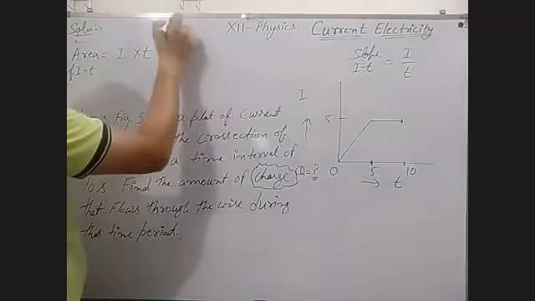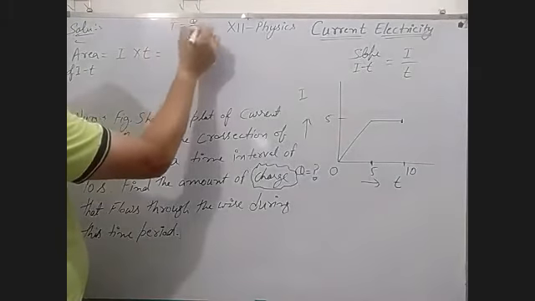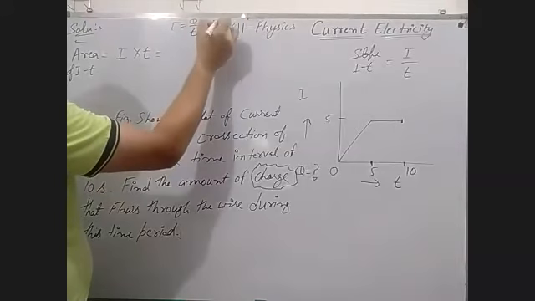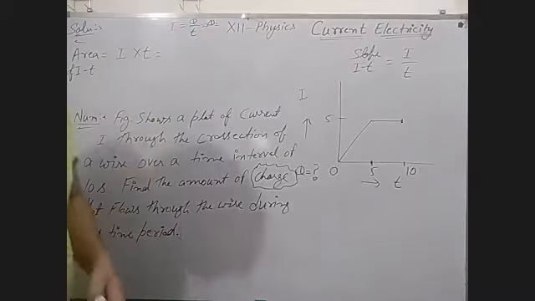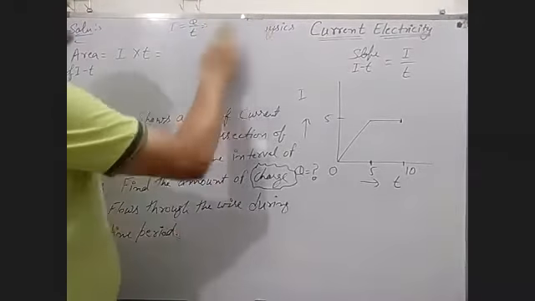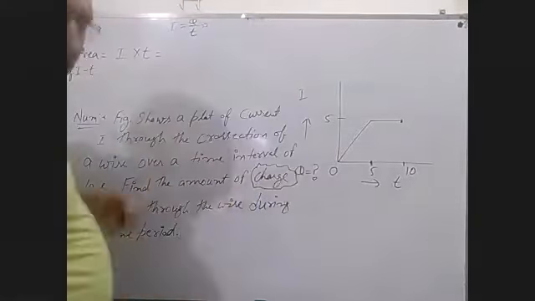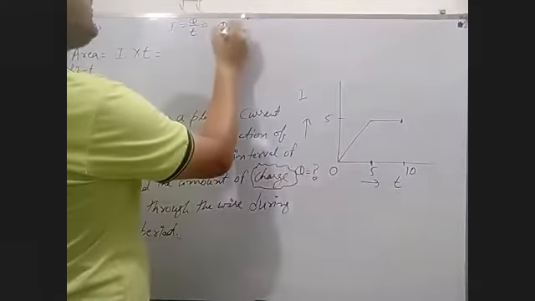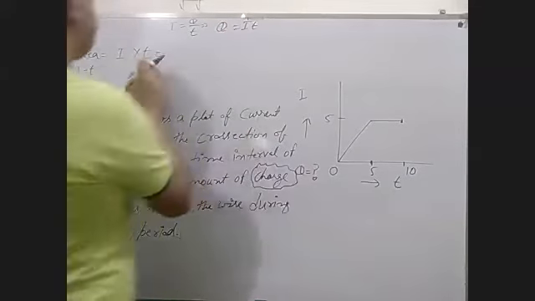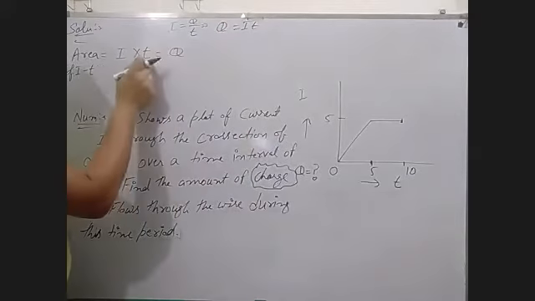You know very well I is equal to Q by T, and from there Q is equal to I into T. So I into T is equal to Q.